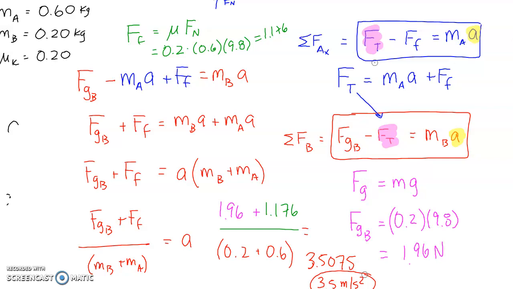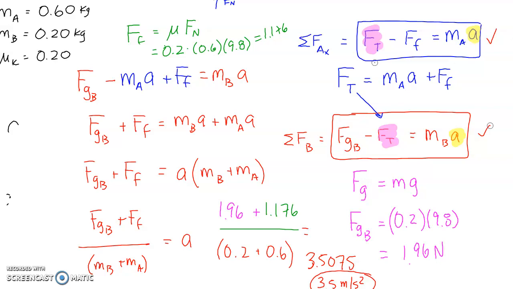You would think that that's it, right? Because we got the acceleration, we're all done, but that's not entirely true. We actually now need to find out what that tension is going to be. Luckily, though, we have two perfectly good equations here that will tell us what that tension is. And now that we have acceleration, we can actually just plug it back into either one of these equations to determine what the tension is going to be.